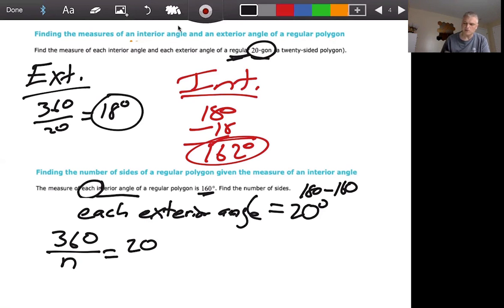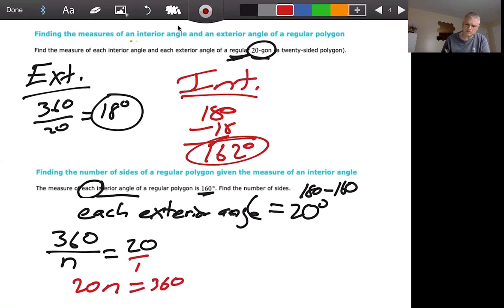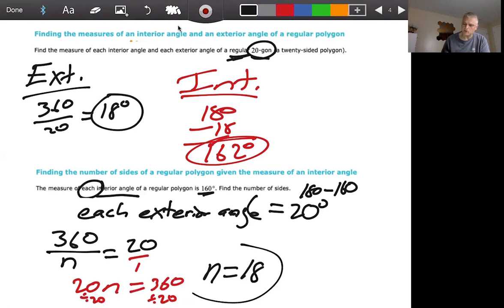So if I multiply both sides by n, or cross multiply if you want, you get 20n equals 360, and then you divide by 20. n equals 18, like we knew it would. So if you like the first way, use it. If you like the second way, use it.